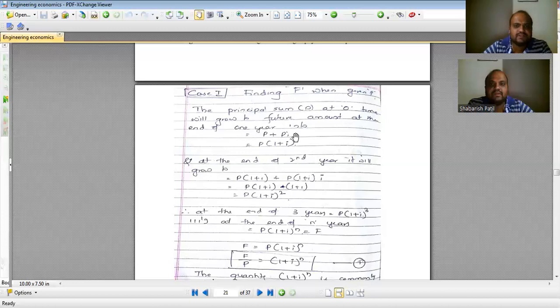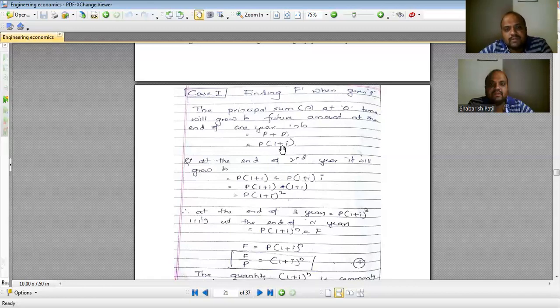I is the interest, and P times I is the interest amount on my present value, or principal sum. P is common, so that equals P into 1 plus I. This is my amount at the end of 1 year.